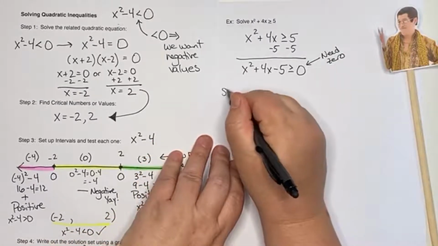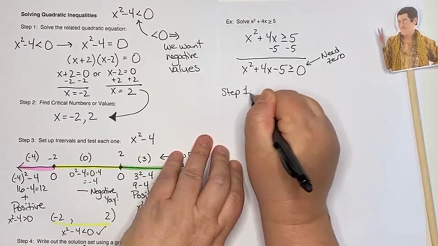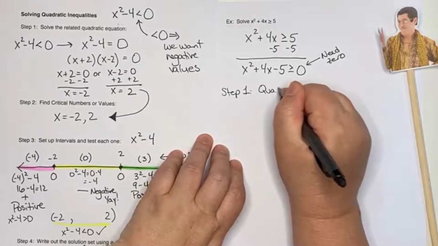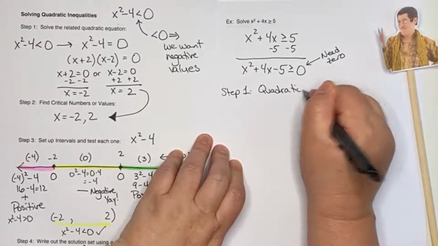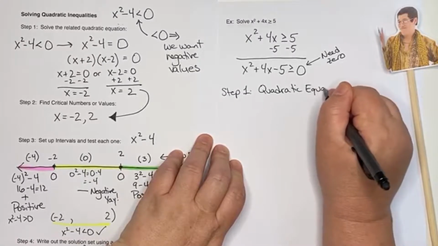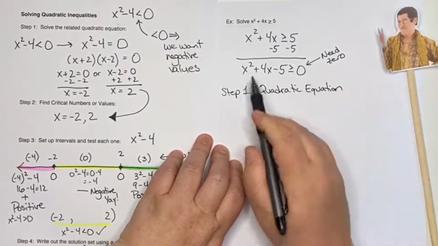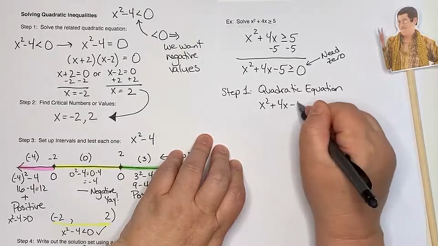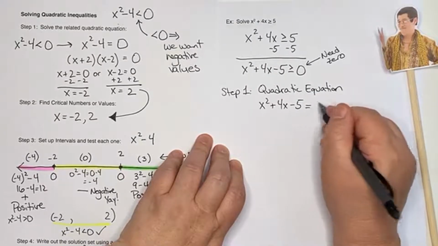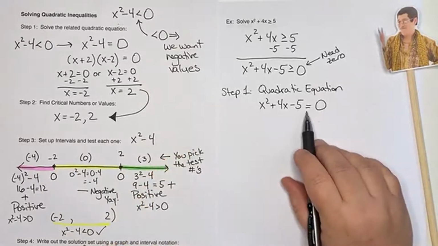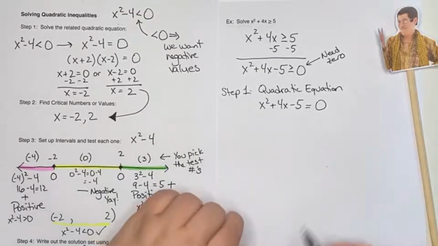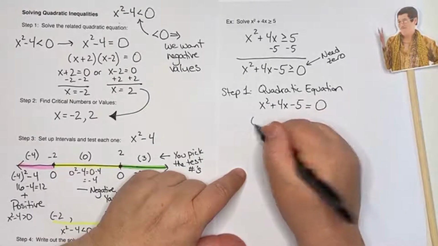Okay, so step 1, we want to look for the quadratic equation. So in this case, this one's going to be x squared plus 4x minus 5 equals 0. Notice that it's the equation, so I've got it equal to 0. And let's see if I can, again, factor this.